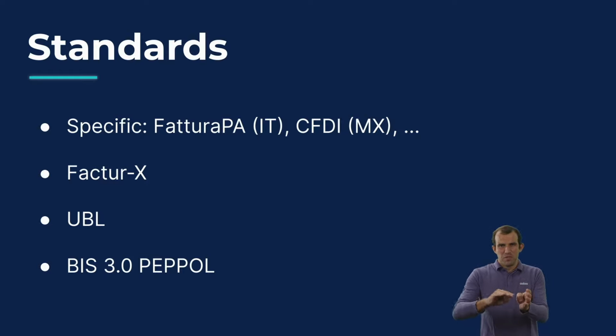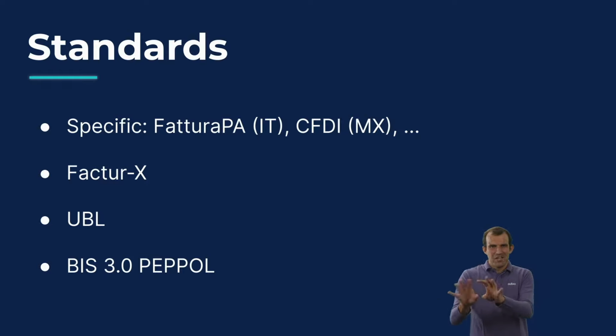And that's something that we try to push a bit as a standard in Odoo, so it comes with your PDF. But in general, there's UBL, and it's even strengthened with BIS 3.0 to keep everything as close as possible to the standards.